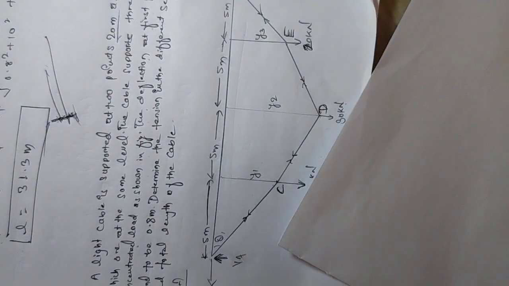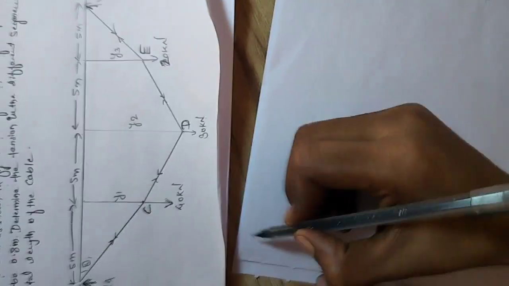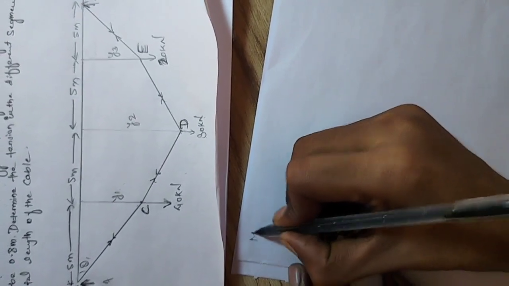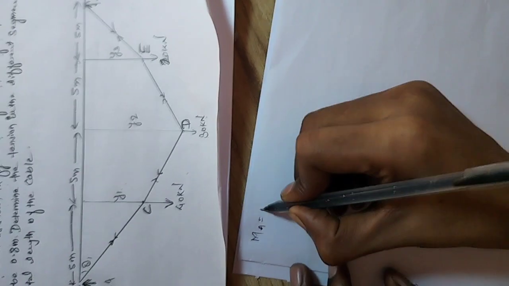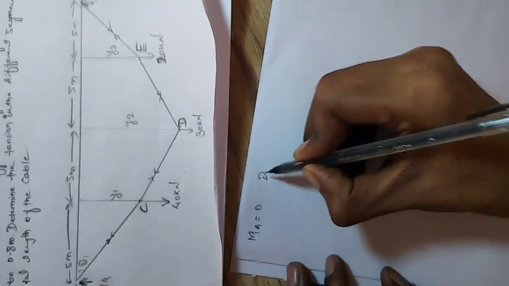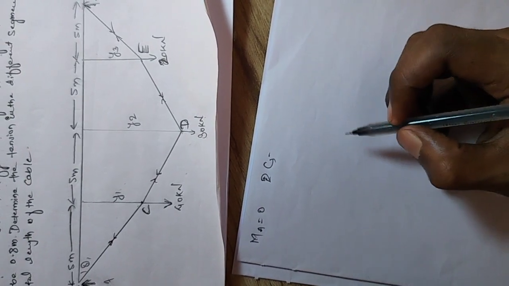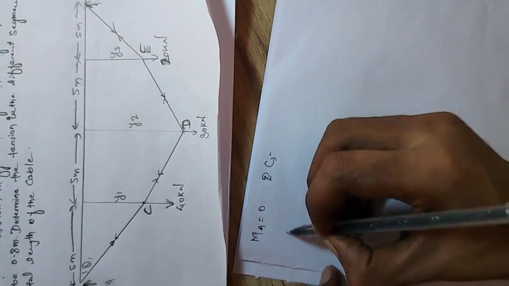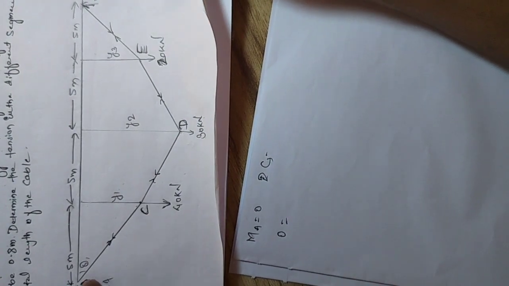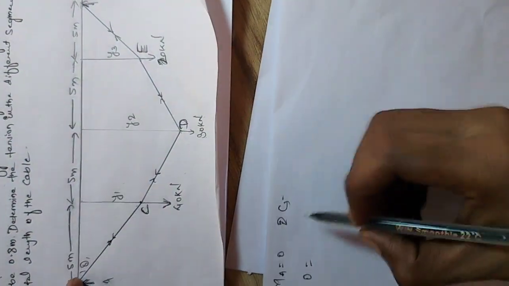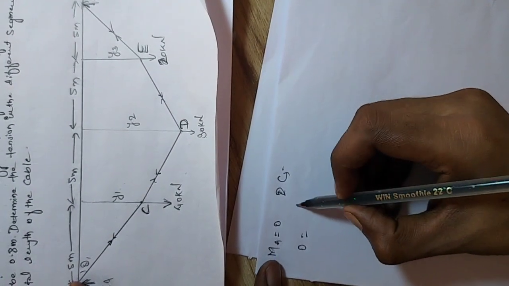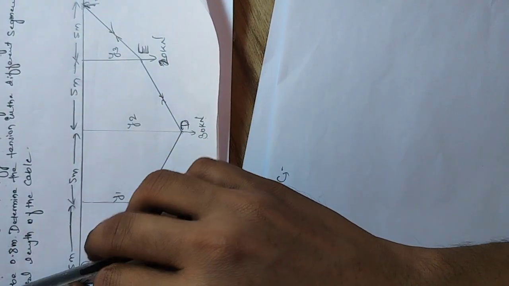Take moment about A equal to 0, clockwise positive, anticlockwise negative. The force VB creates a moment at 20 meter from A, and it rotates anticlockwise.